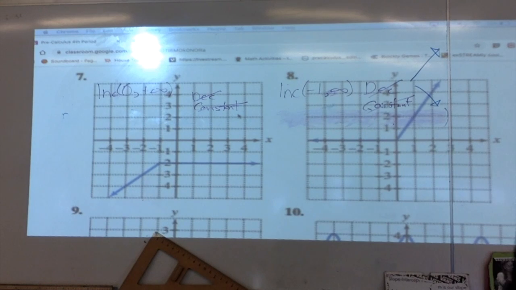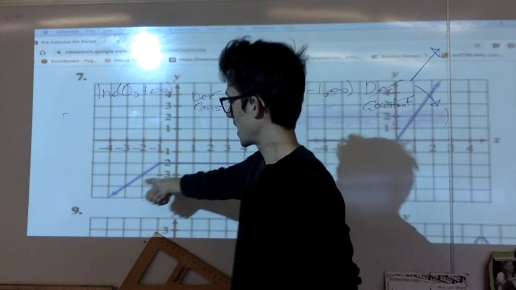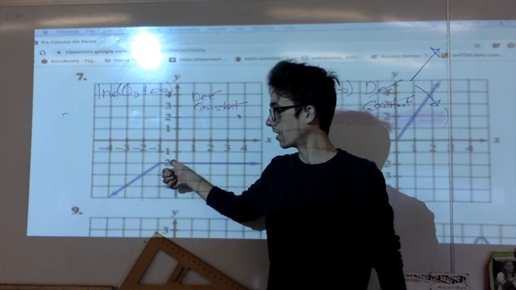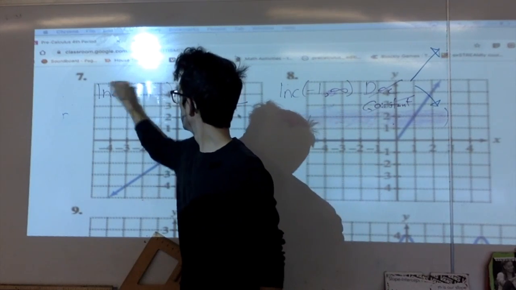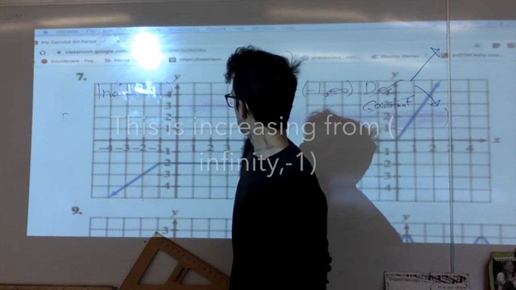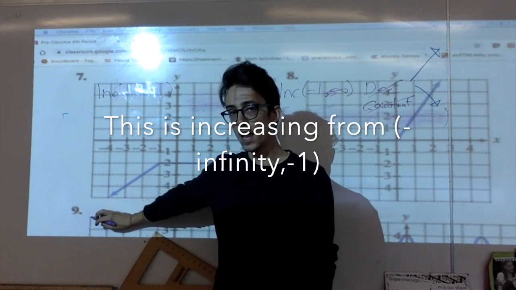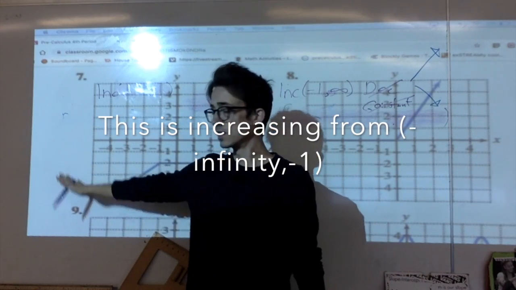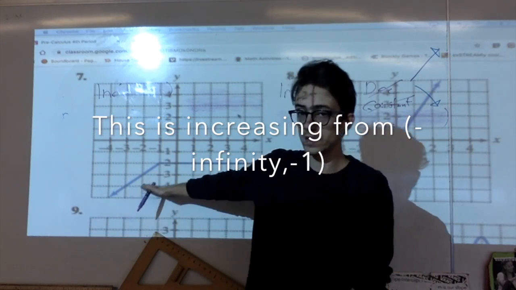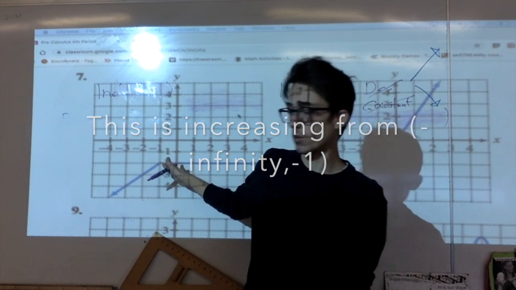This is starting to increase from negative infinity, but then stops at -1. So all the way down here at negative infinity, where the x values are very low, it's still increasing, all the way to here, which is positive 1.